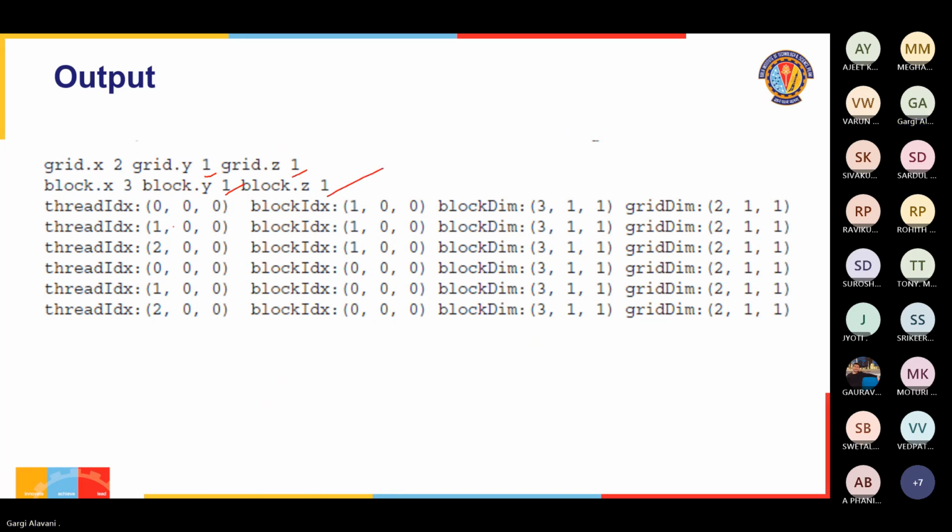Each thread has a unique thread.x for each block ID, unique block ID. Block dimension and grid dimension will remain the same for all the threads. Is this clear?